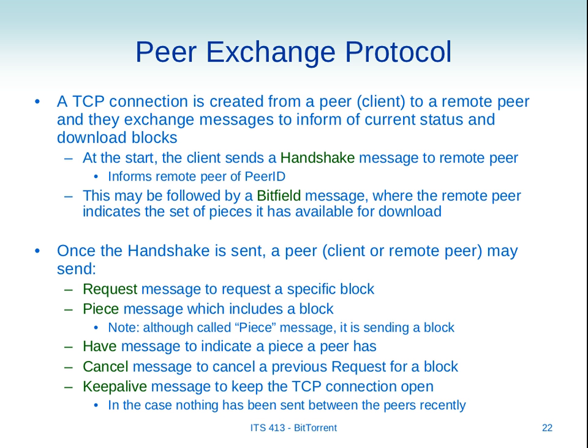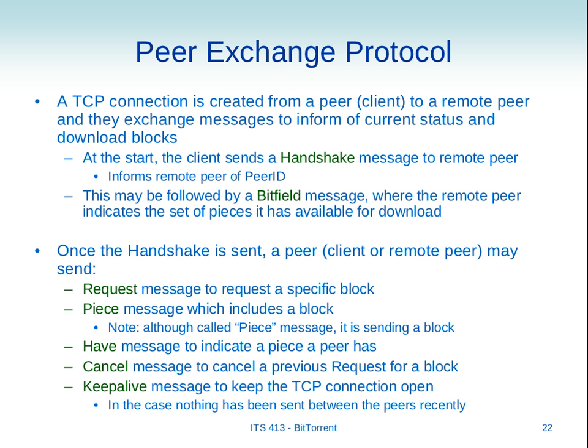Once we've done the handshake, and optionally the bit field, we don't have to do the bit field, then either peer, either client or remote, can start to request pieces and request specific blocks in pieces. So the data exchange can go in both directions now. Different types of messages.